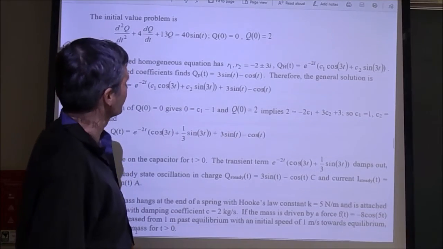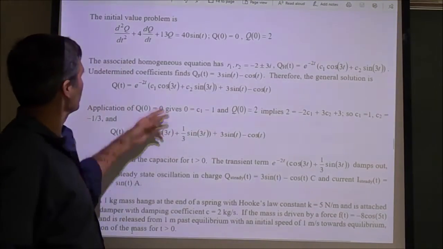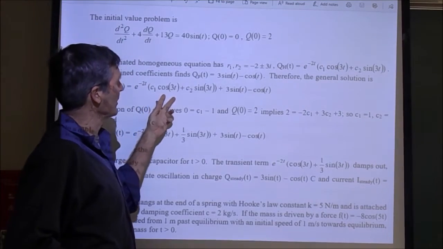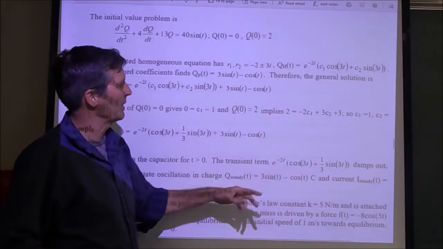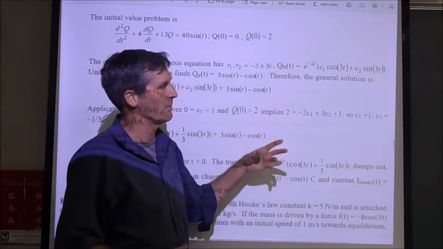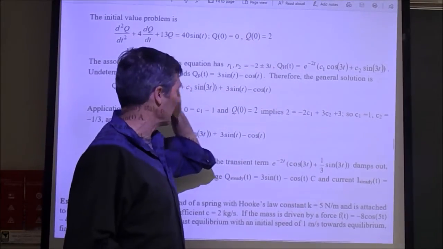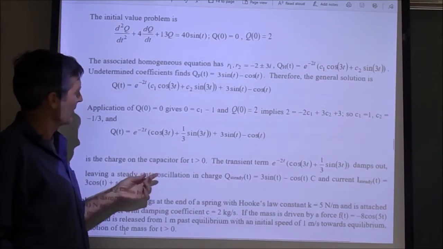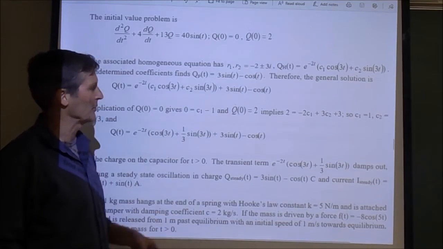And then the second thing, if you take the derivative of this and set the derivative when t equals 0 equal to 2, that similarly gives you an equation like this. I won't work through all the details. It's a bunch of derivatives. It tells you that c2 has to be minus a third by plugging in that initial condition.